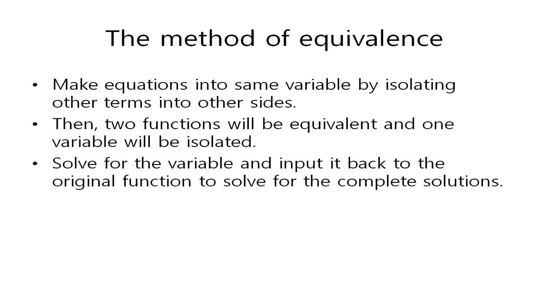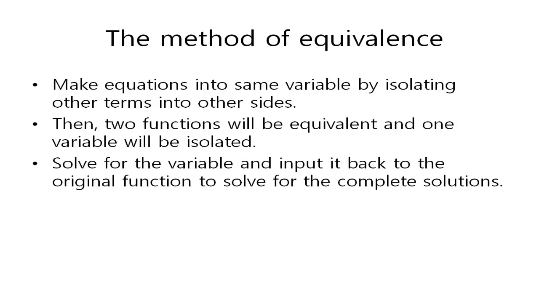Lastly, the method of equivalence. As we can see through the name of our method, we are making both equations equivalent. And here are the ways to apply it. Firstly, make each equation into the same variable by isolating other terms onto the other side, where the variable can be either x or y, depending.